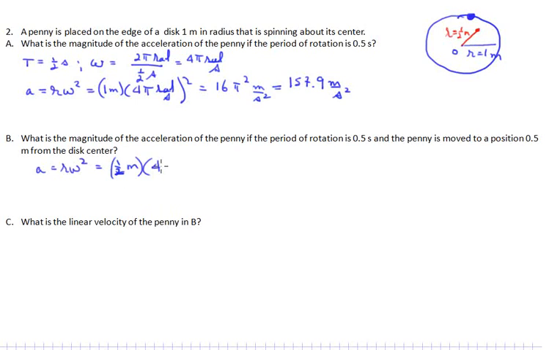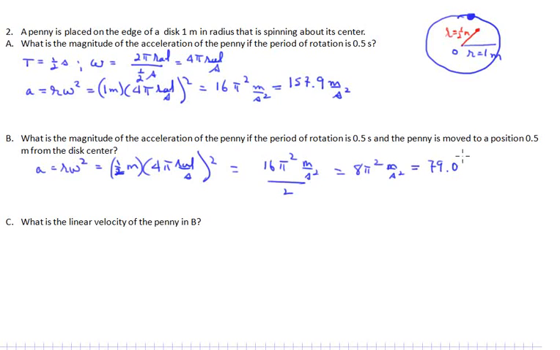Omega is the same thing it was before. And so that's going to be 16 pi squared meters per second squared over 2, which is 8 pi squared meters per second squared. In other words, it's just this number divided by 2.